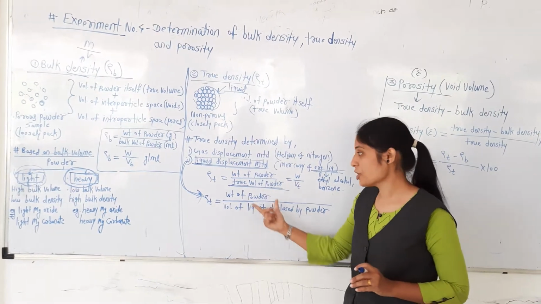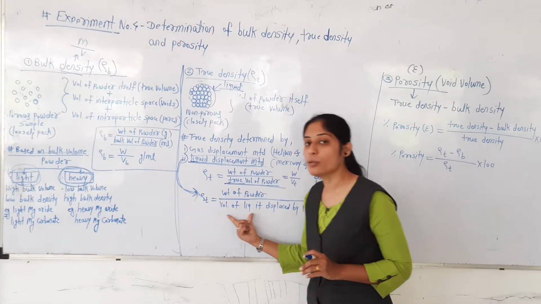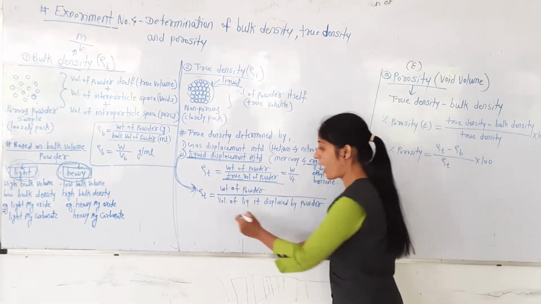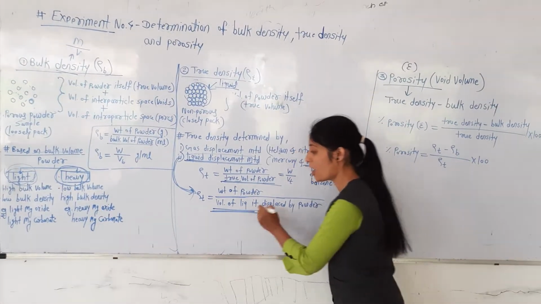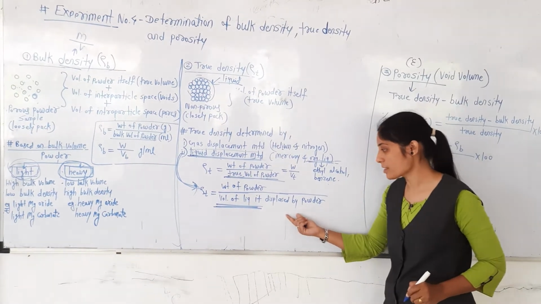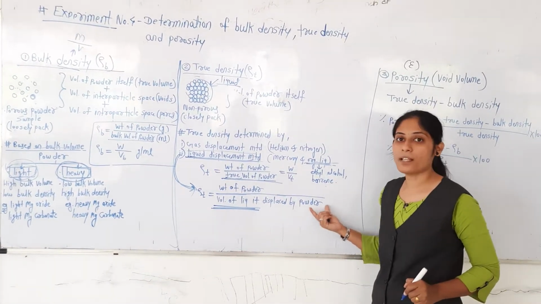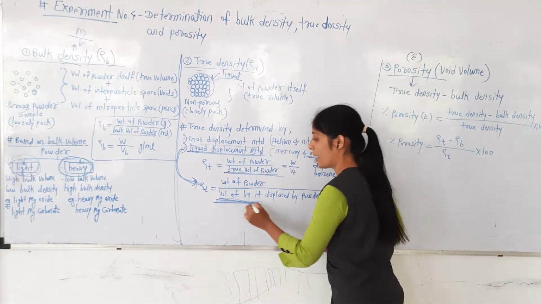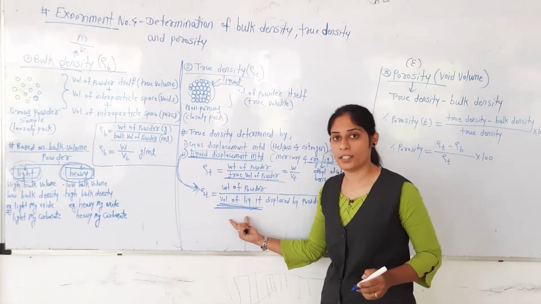So for determination of true volume we use the volume of liquid displaced by the powder. It means we add some amount of liquid to the powder sample, and some volume of the powder sample is occupied by liquid, and we can determine the volume of that liquid.